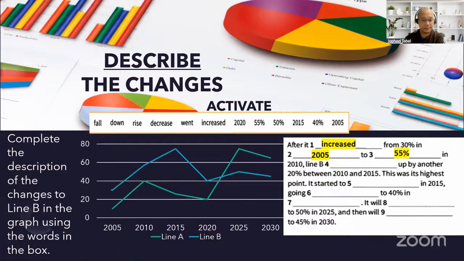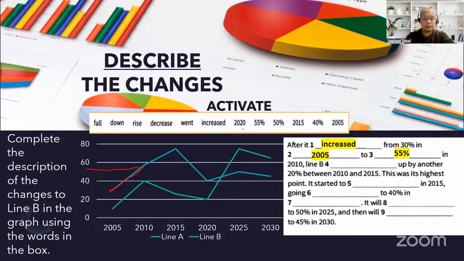So from 30% in 2005 to 2010, that's 55% in 2010. So let's match the graph here. Like this. So increase, okay, like that.